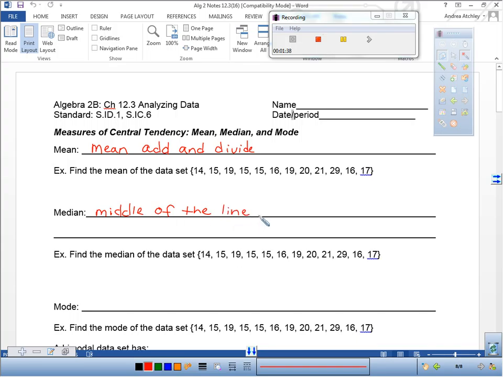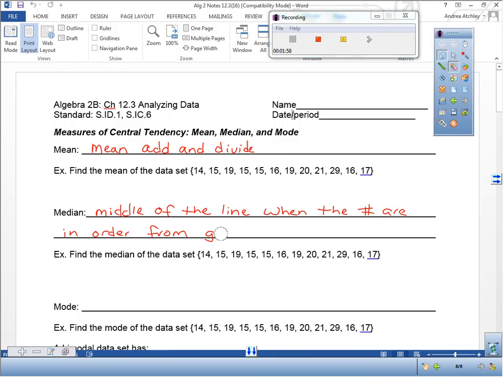The middle of the line, when the numbers are in order, from least to greatest.